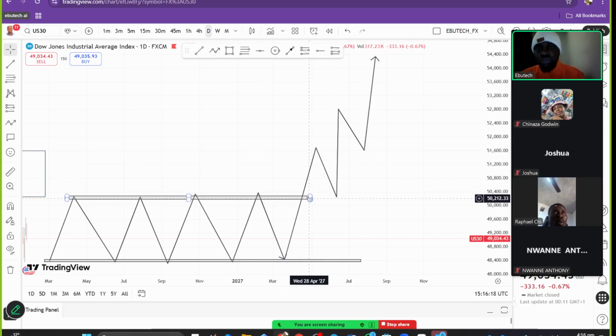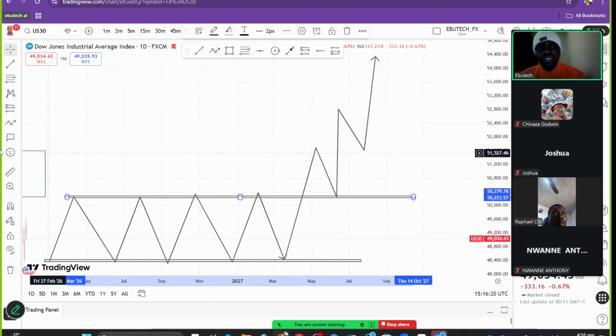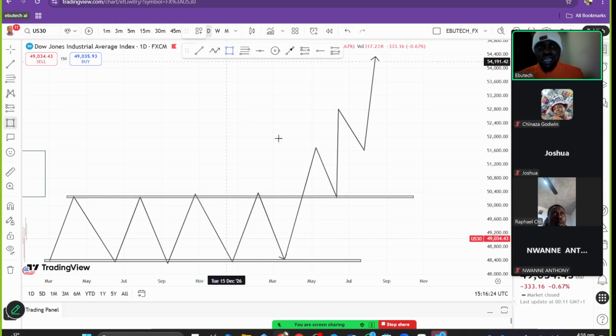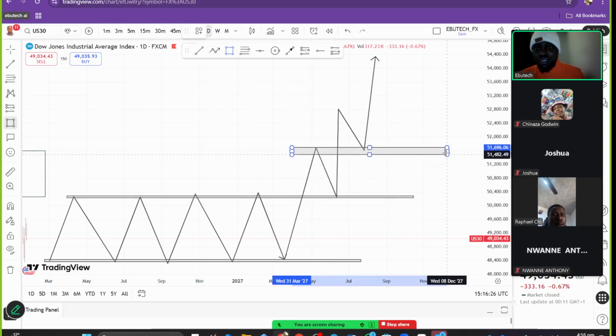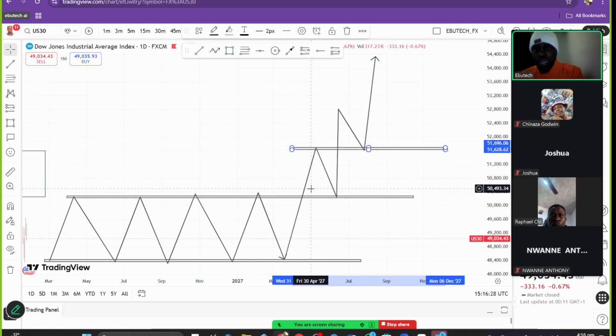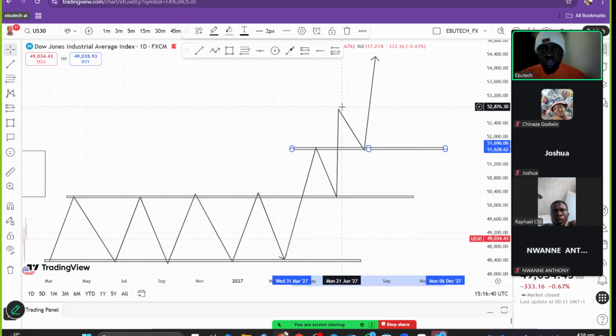So what do you now do? If it's an uptrend, you wait for the support level where you are going to enter. If it's here, once you see this push up at the resistance, you don't need to enter here. Wait for double confirmation. Allow it to push up again, and once it pushes up, allow it to come down here.